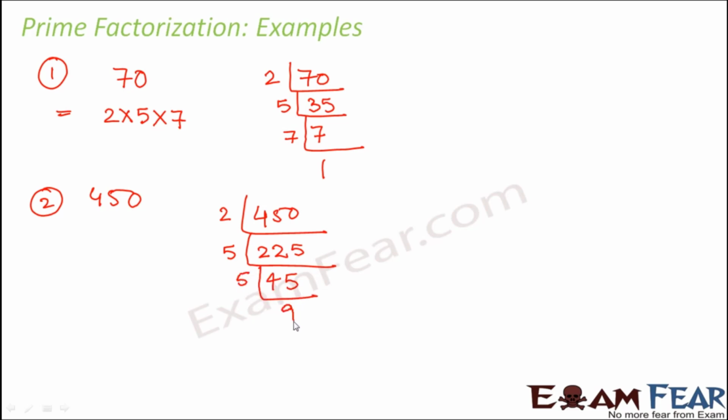Now this will again be divisible by 5, 5 9s are 45. Now this 9 will be divisible by 3, so 3 3s are 9, and 3 will be divisible by 3, so 3 1s are 3. So what do we get? We get it as 2 into 5 into 5 into 3 into 3. So we say this is the prime factorization of 450.